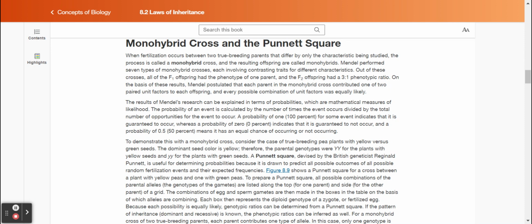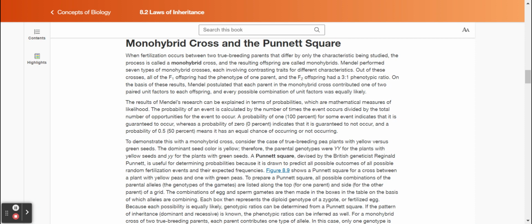Out of these crosses, all of the F1 offspring had the phenotype of one parent, and the F2 offspring had a 3-to-1 phenotypic ratio. On the basis of these results, Mendel postulated that each parent in the monohybrid cross contributed one of 2 paired unit factors to each offspring, and every possible combination of unit factors was equally likely.